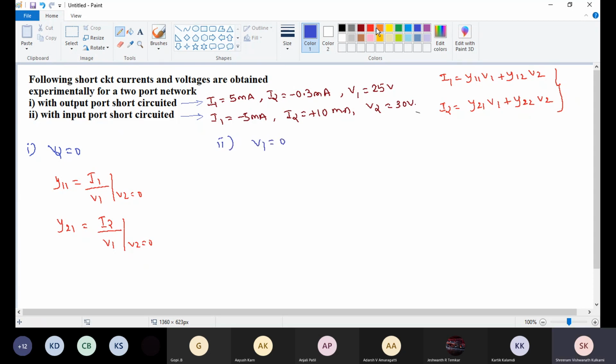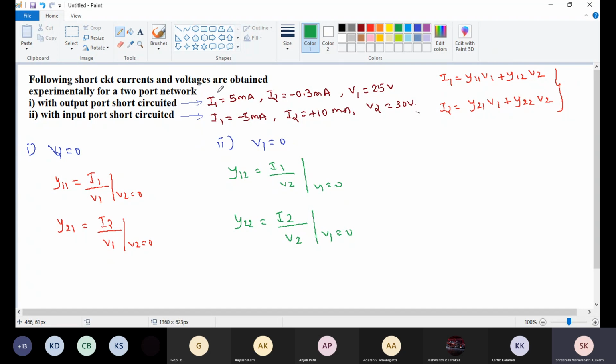What will happen? V1 is 0 in this first equation, so Y12 is equal to I1 by V2. And Y22 is equal to I2 by V2, with V1 equals 0.